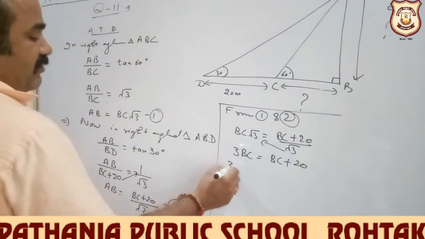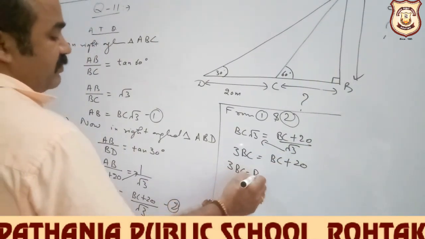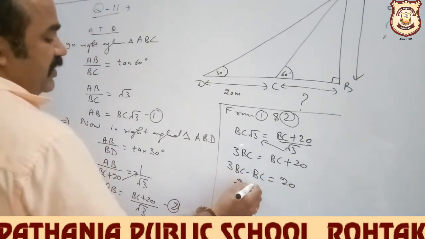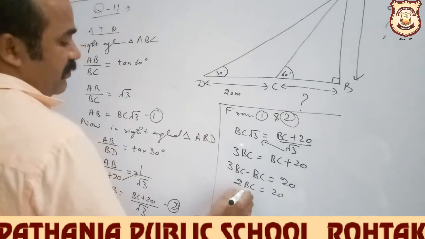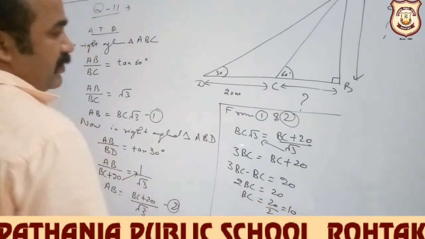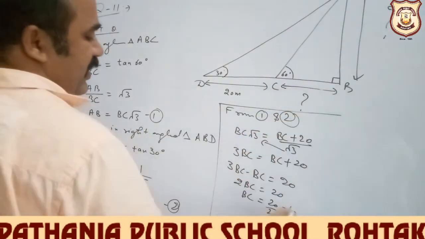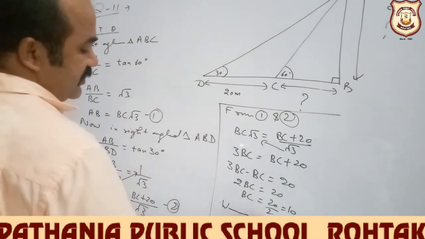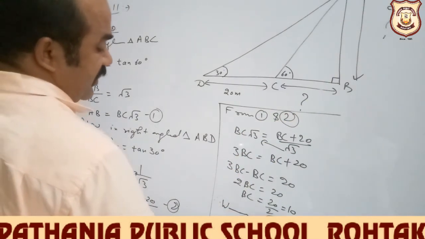BC you will take on this side, 3BC minus BC equal to 20. 2BC equal to 20. BC equal 20 by 2, 10. So width of the canal is 10 meter is our answer.